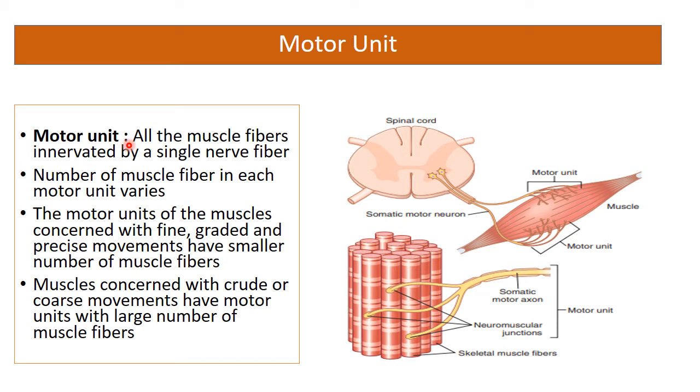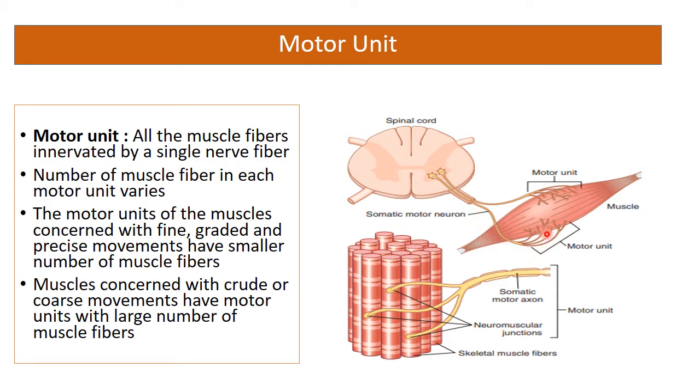Stimulation of a motor unit or motor neuron causes contraction of all the muscle fibers innervated by that neuron. You can see in the picture that a motor neuron is arising from the anterior horn of the spinal cord and dividing into axon terminals.